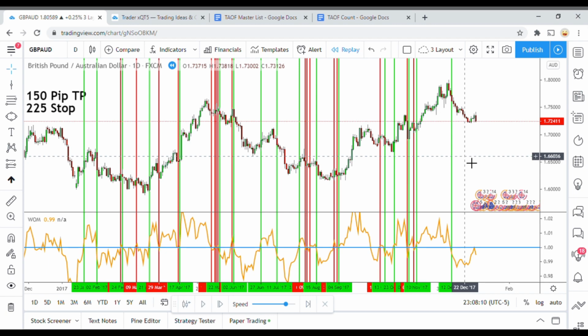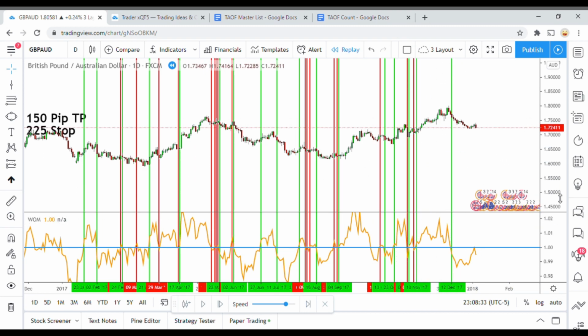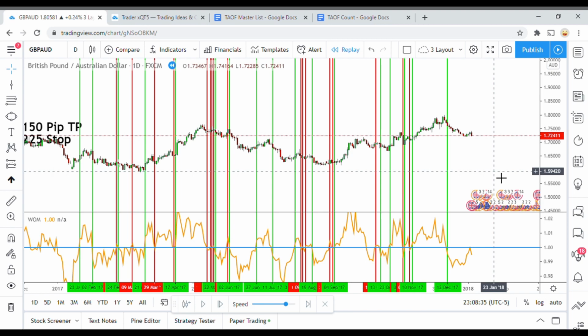So we have 34 signals all together. And we have 17 winning trades. And so, unfortunately, that is not going to meet the 60% criteria that we were looking for.